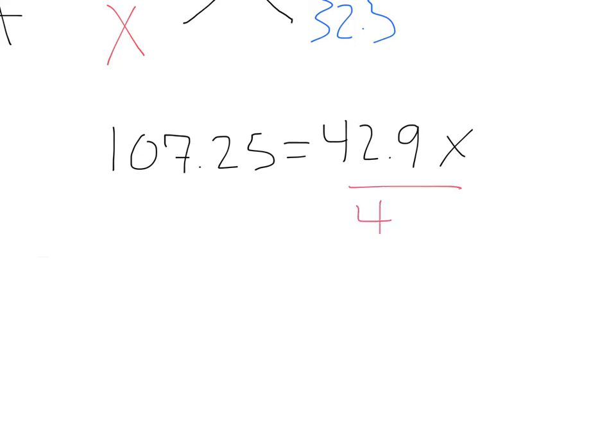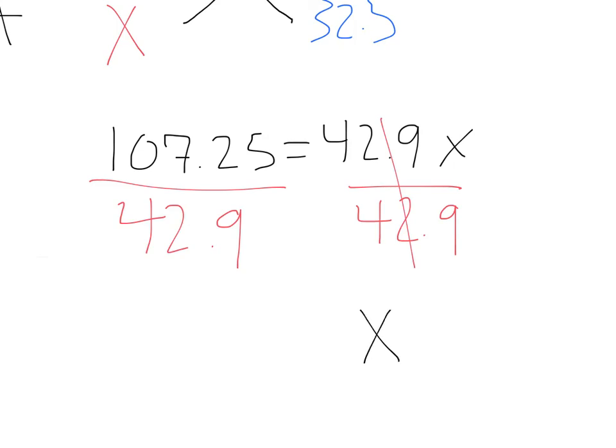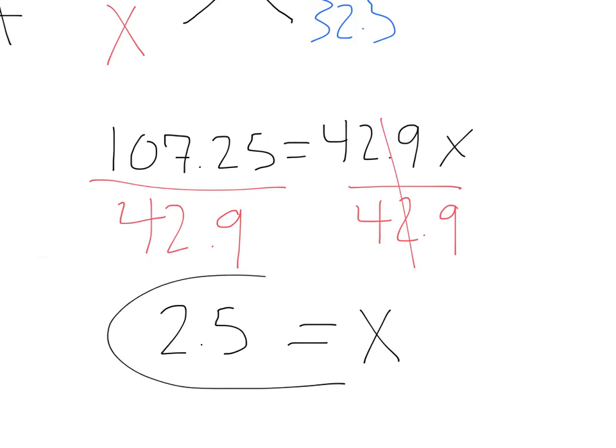So I'll divide both sides by 42.9, those are going to cancel out, and this is going to give me an answer of x equals 107.25 divided by 42.9, and that'll give me an answer of 2.5 inches. So we know our new height, based on the reduced size, is going to be 2.5 inches.